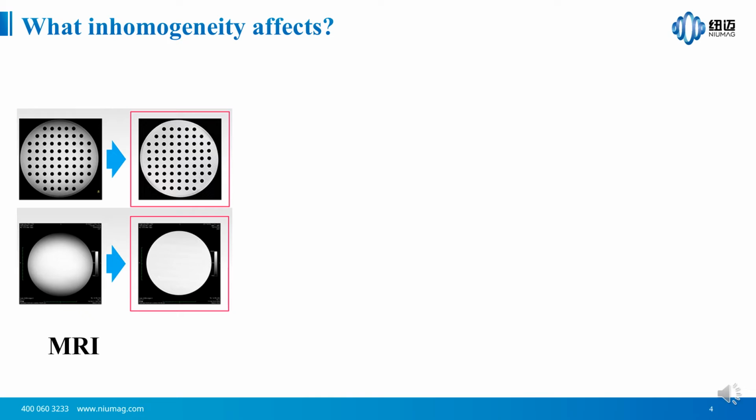If the homogeneity of the main magnetic field is poor, it may lead to coding deviation, resulting in image distortion and deformation. This picture is one that I found on the internet. On the left is the imaging effect before shimming, and on the right is the imaging effect after shimming. We can see the difference before and after the shimming.